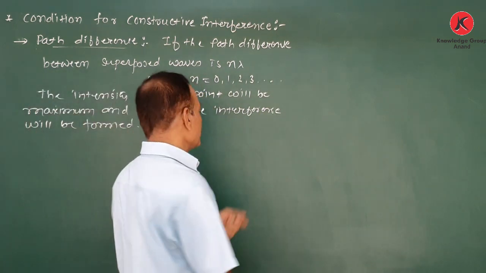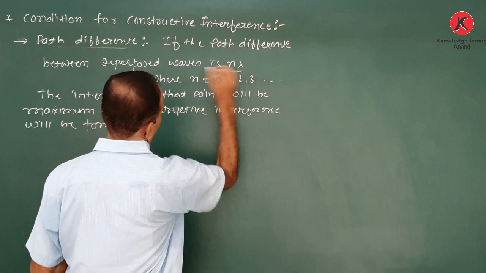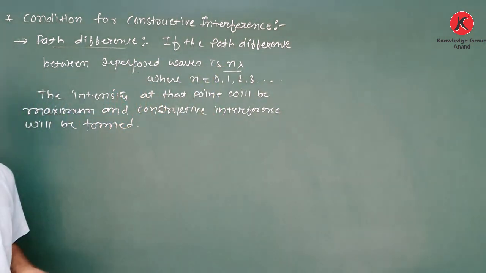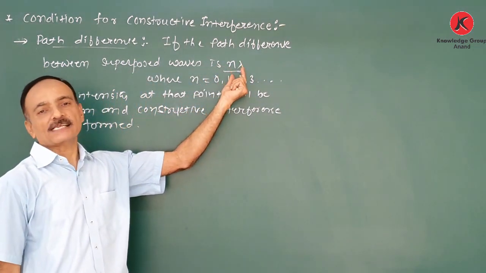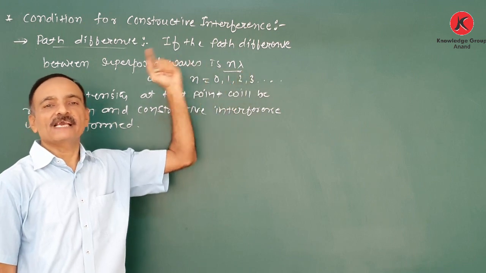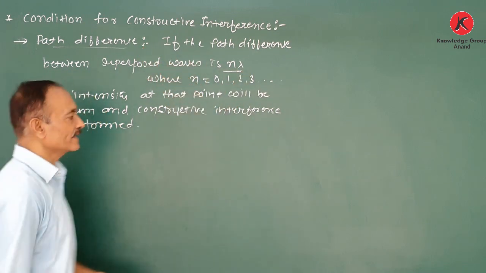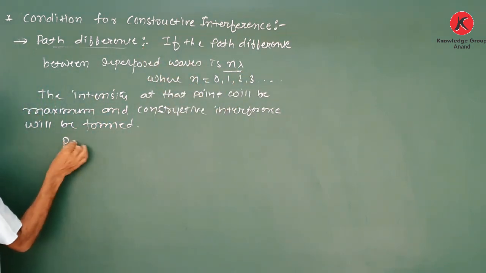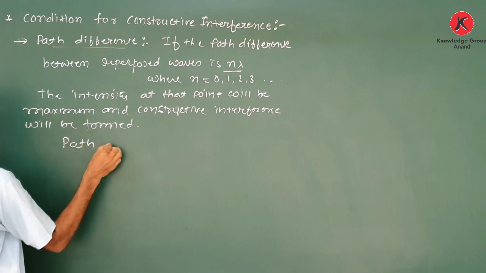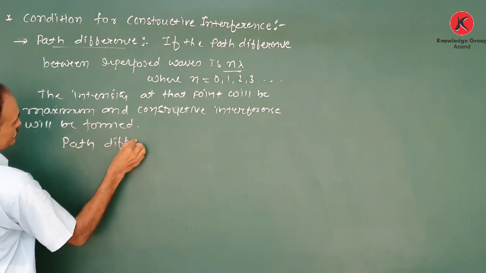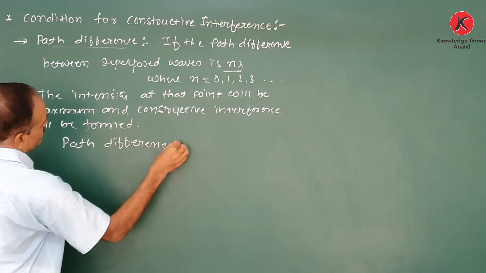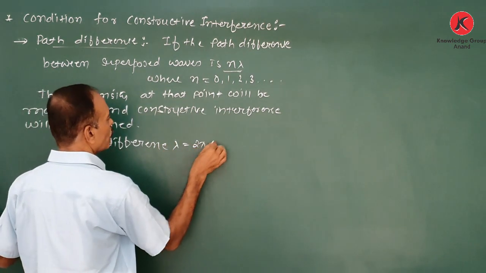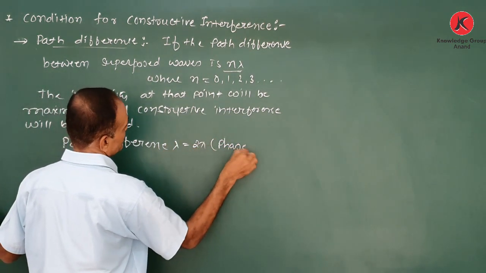Now there is a condition for the path difference in lambda. But we know that corresponding to path difference lambda, the phase difference is 2 pi radian. Therefore, path difference lambda is equal to 2 pi phase difference.